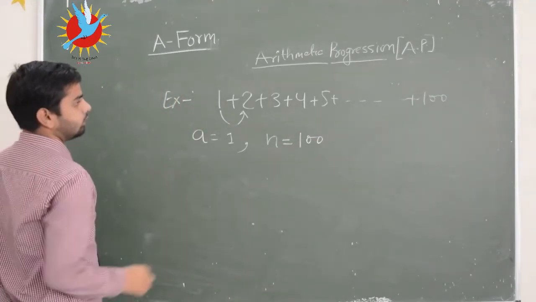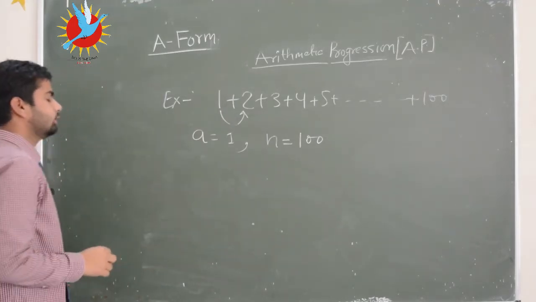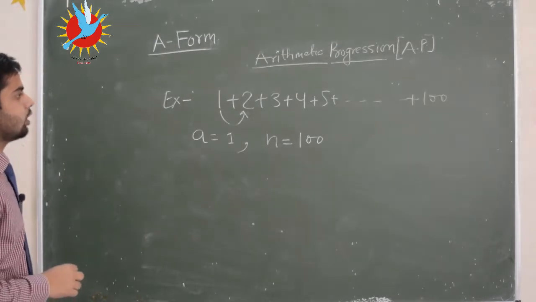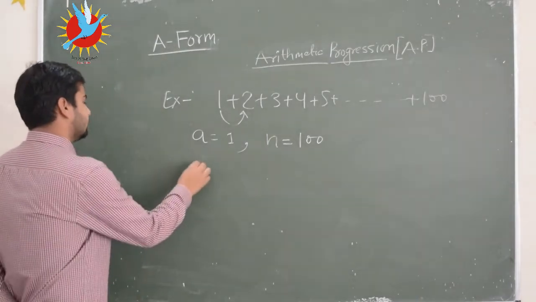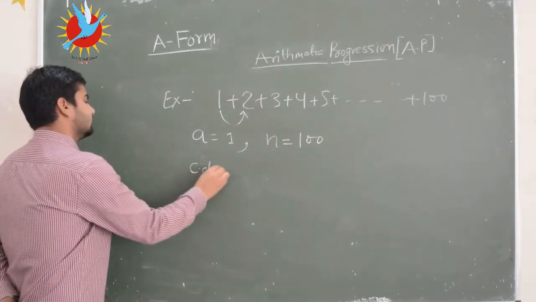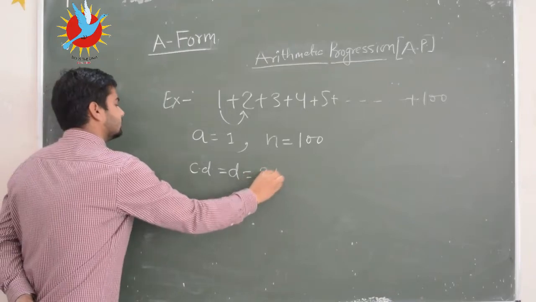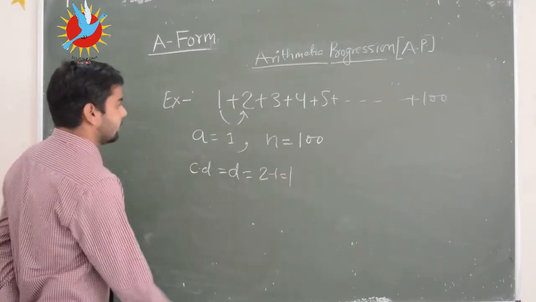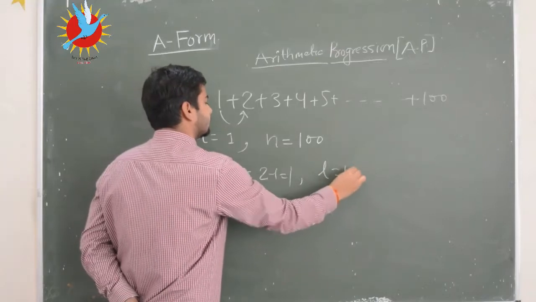The common difference d is 2 minus 1, that is 1, and we have the last term l equal to 100.